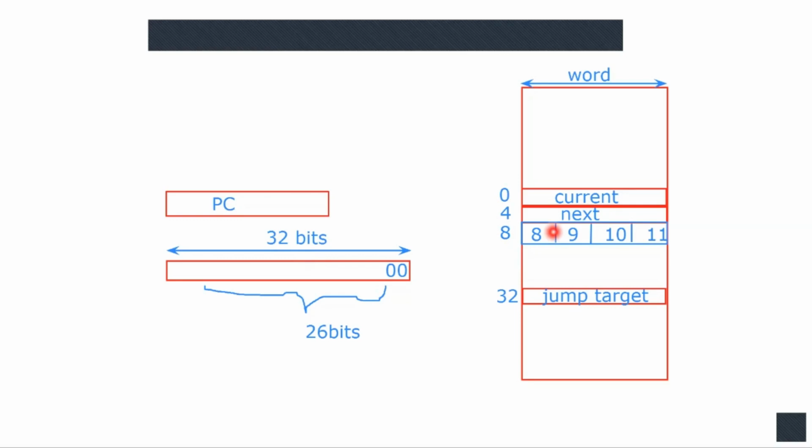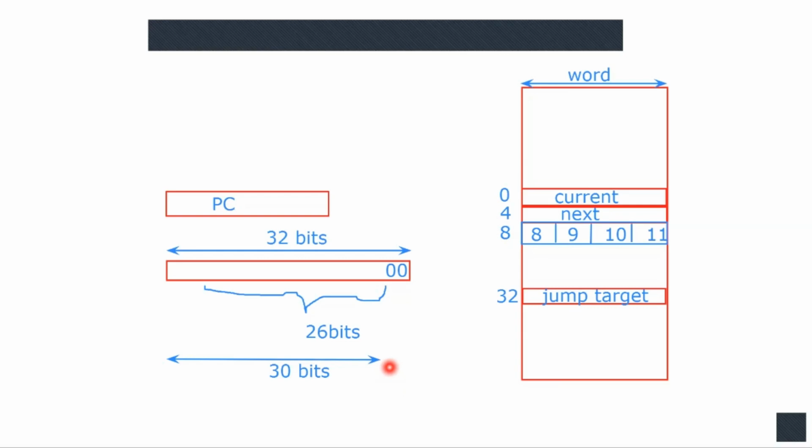So if we take only the most significant 30 bits of our address, ignoring the least significant 2 bits, then we are accessing 2 to the power 30 different words.